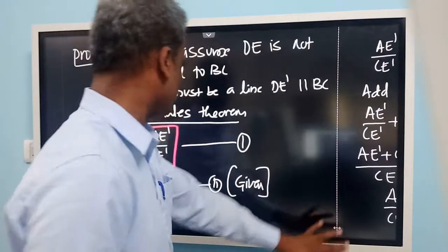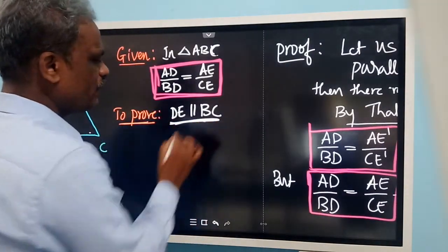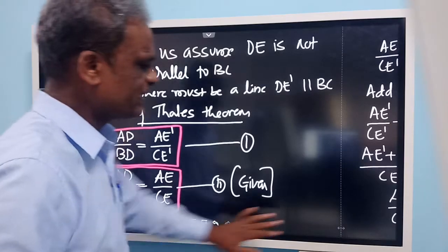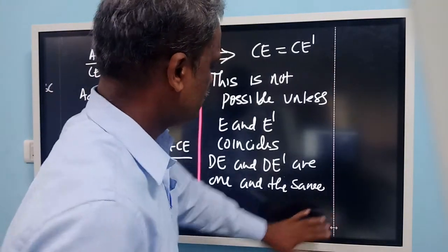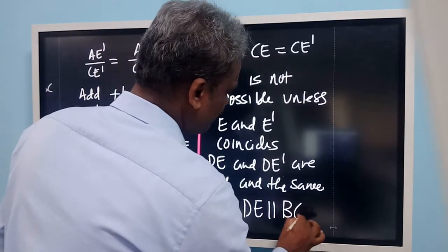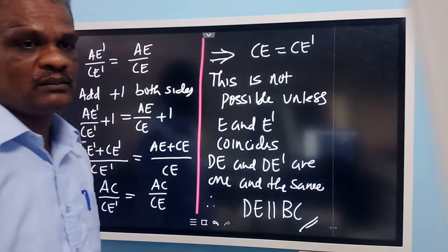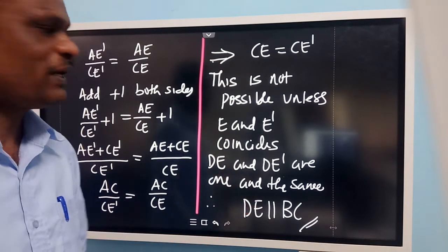What is the conclusion? What we wanted to prove here? We wanted to prove that DE is parallel to BC. We drew DE dash parallel to BC. Since E and E dash are the same, DE must be parallel to BC.